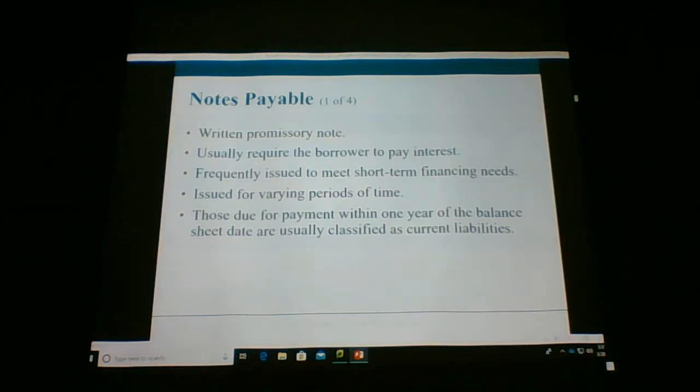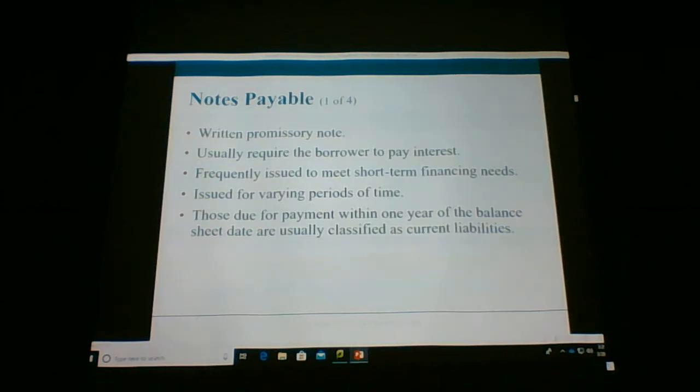All right, so let's take a look here at some characteristics of a note payable. Note payables are a form of written promissory note, and what that means is that these are essentially formal contracts.